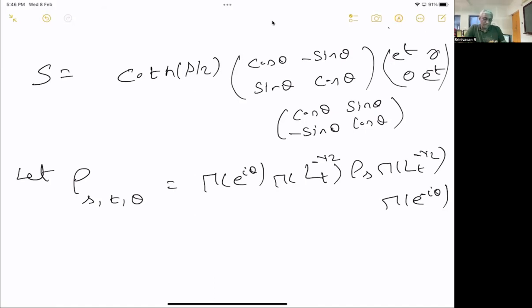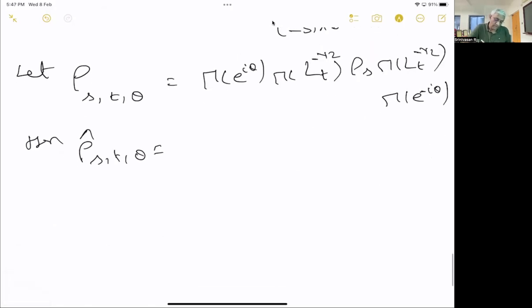So I say that this is precise, then rho hat of st theta, the covariance of this, is equal to e power minus half cot h s by 2 into LT inverse, LT minus half, LT minus half, and it will be the inverse there.